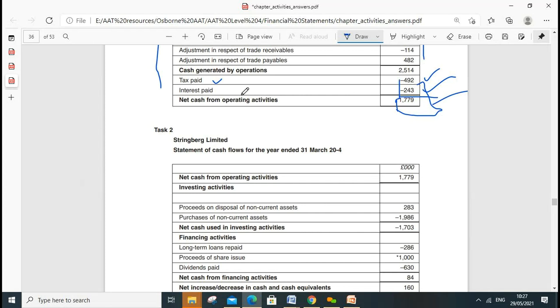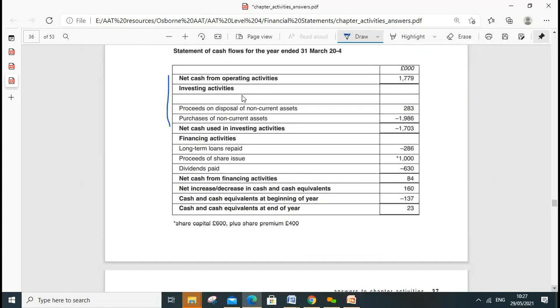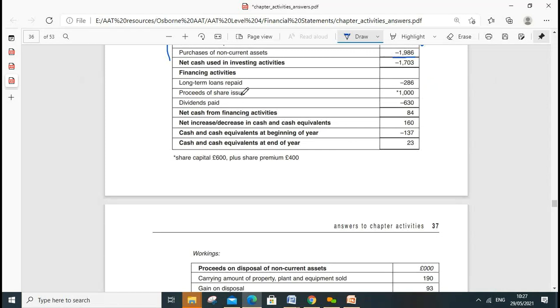So that's there, and then we can start investing. If there is an addition in non-current assets, it means we have more purchases of non-current assets. Proceeds will increase our cash flow. For financing, if our share values increase, more shares and dividends.